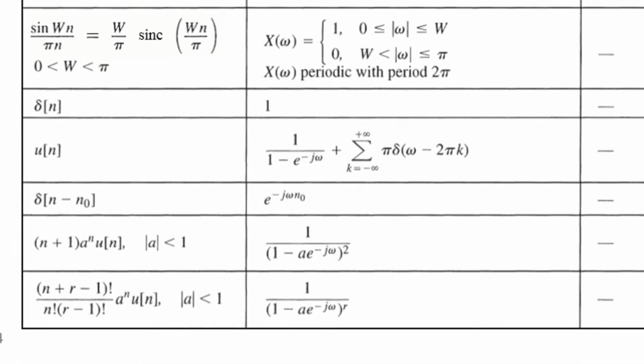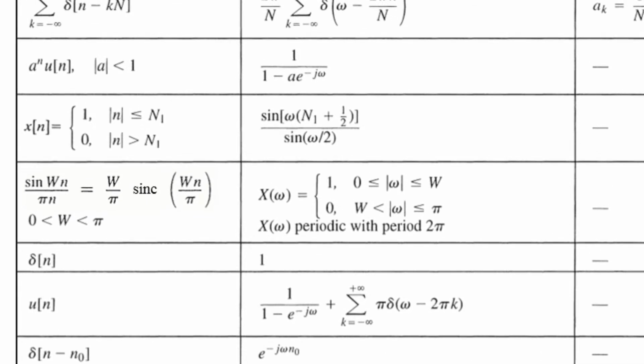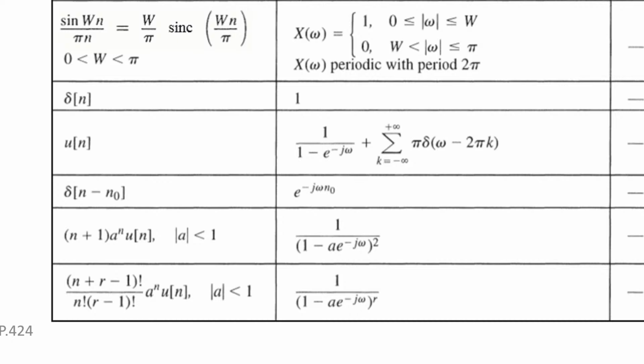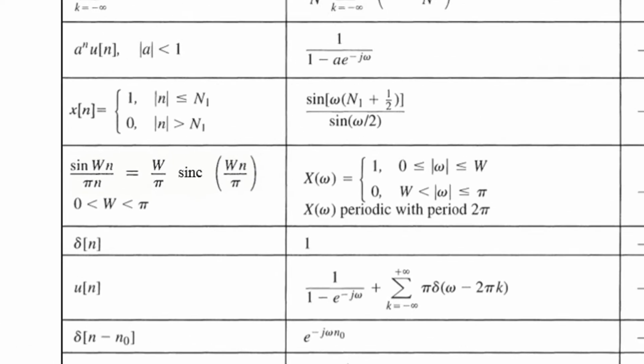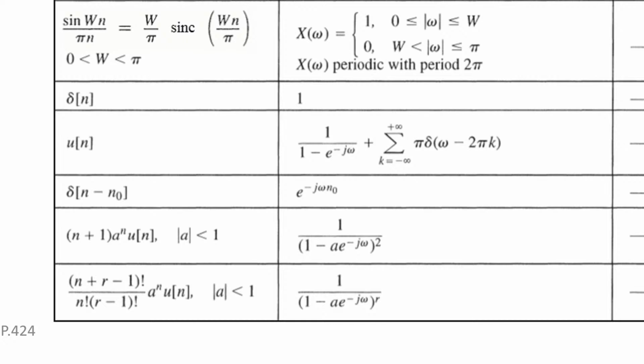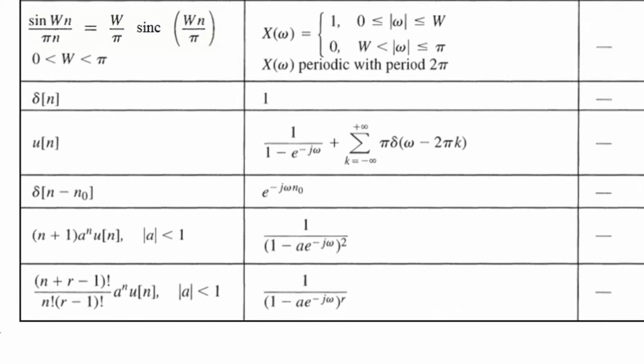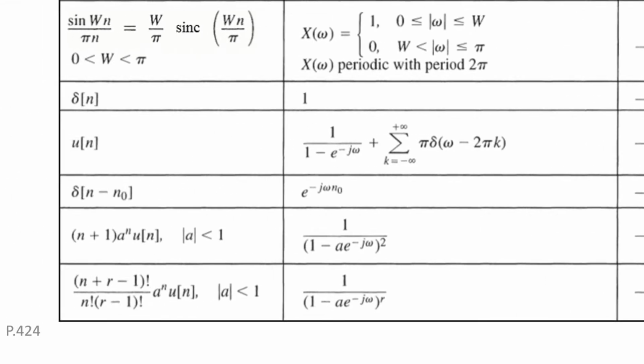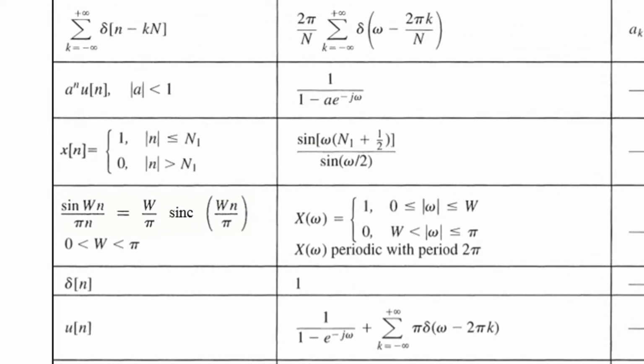Also, if you have this thing to some power r, then you will multiply some polynomial in front of your exponential decay: n plus r minus 1 factorial over n factorial. So that's a nice formula to know for the inverse Fourier transform of this thing.